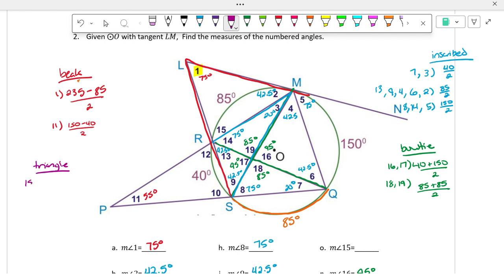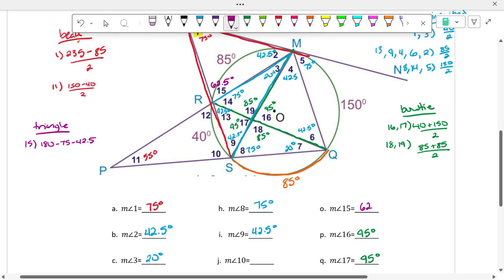So what would that give me? 62.5. Good. So 15 would be 62.5 degrees.